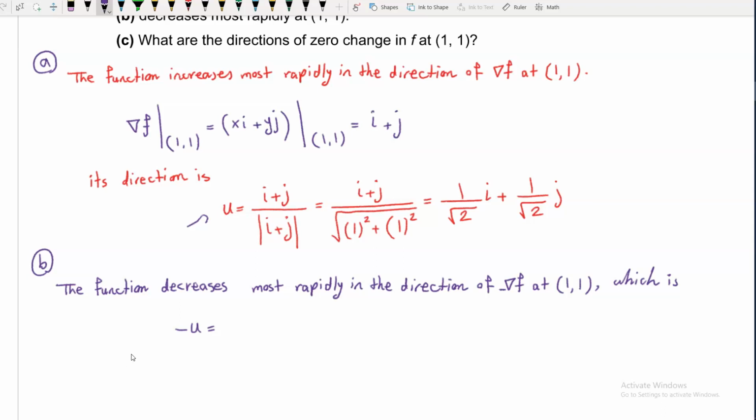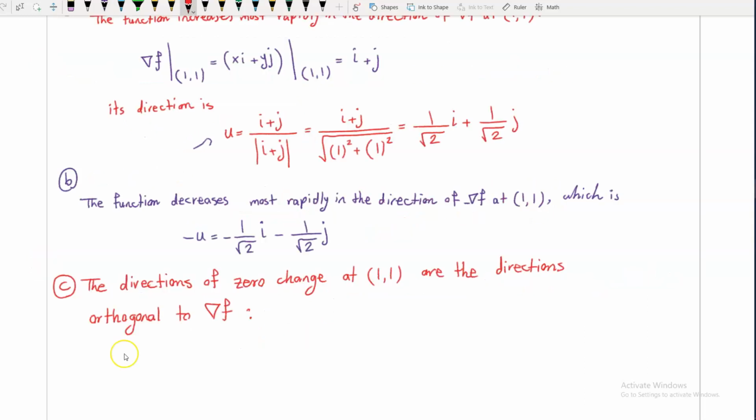Now here we have negative u, so it's negative 1 over square root of 2 i minus 1 over square root of 2 j. Part C: the directions of zero change at (1, 1) are the directions orthogonal to the gradient of f.